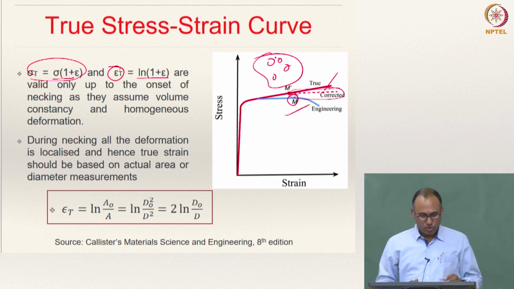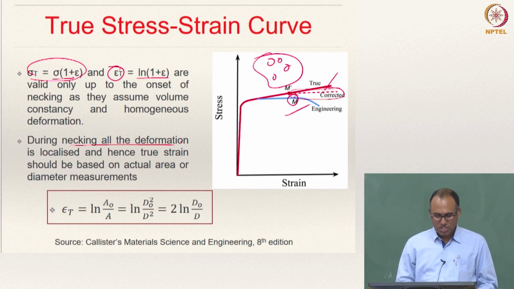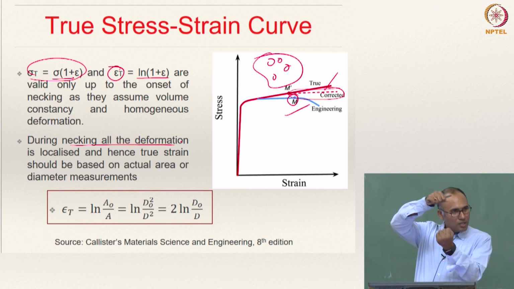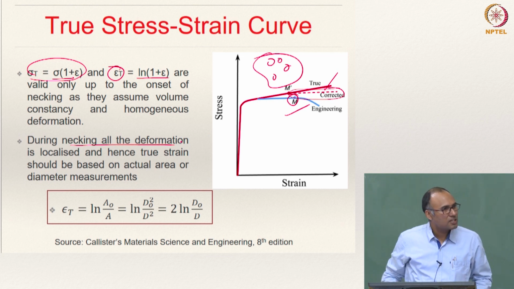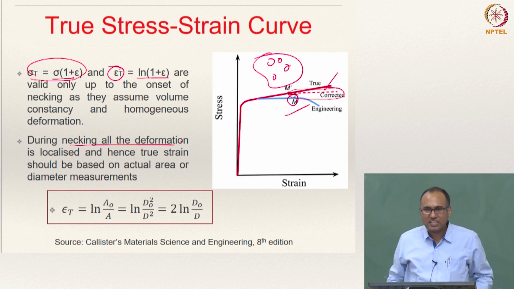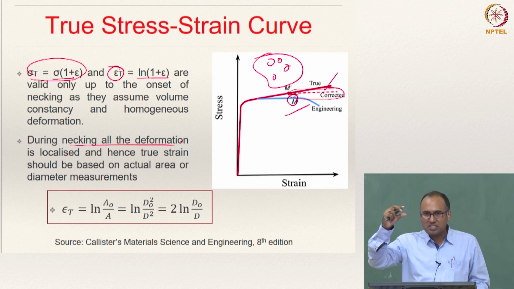Okay, so during necking all the deformation is localized. So if you think about defining, for instance, true strain as a function of length, it becomes a little tricky because the deformation is localized.